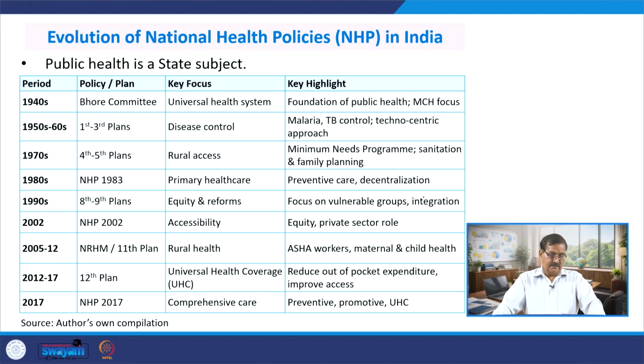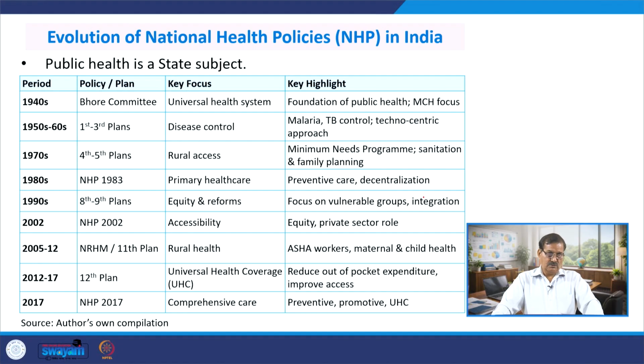Then the second policy on healthcare services came in 2002, and this policy had an emphasis on accessibility of healthcare services to all members of the society, and it also addressed the issue of equity, and also ensured the role of private sectors in providing healthcare services.